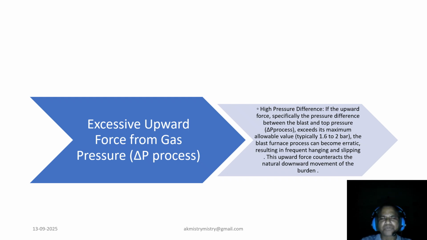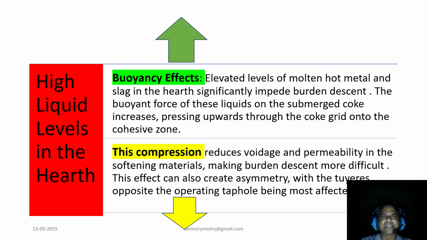Now, one also important reason is high liquid level in the hearth. High liquid level of the molten hot metal and slag in the hearth significantly impedes burden descent. As shown in the slide, the buoyant force on submerged coke presses upward through the coke grid onto the cohesive zone, reducing voidage and permeability in the softening material.